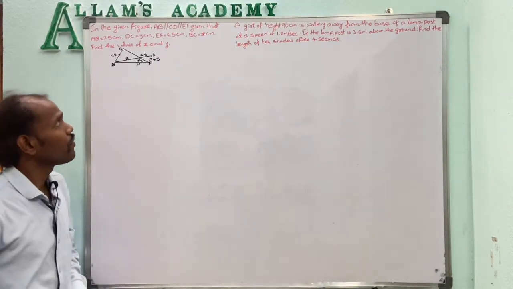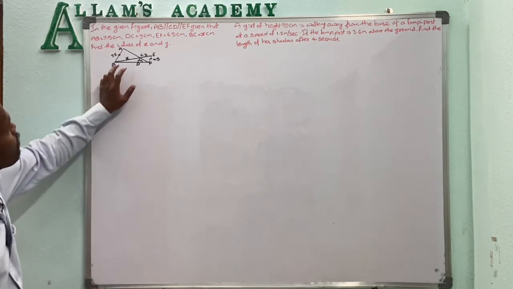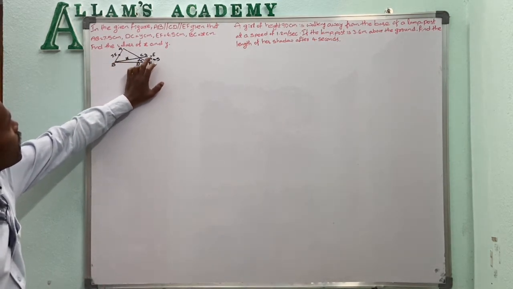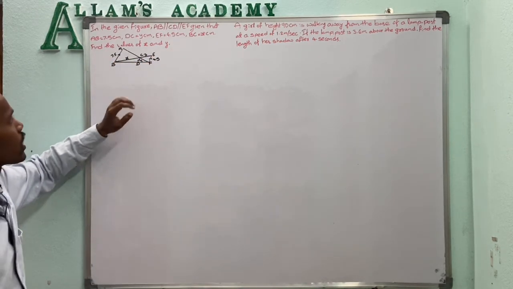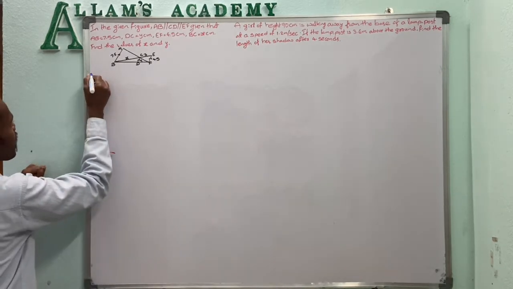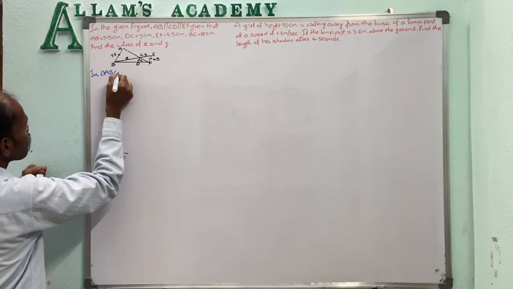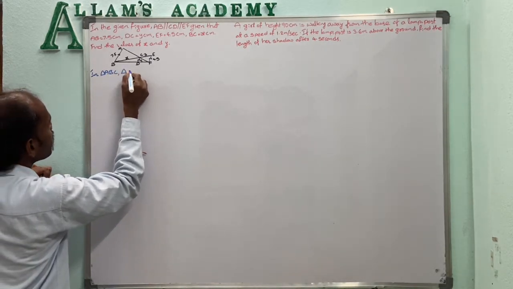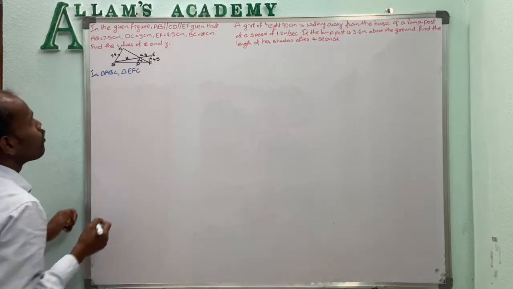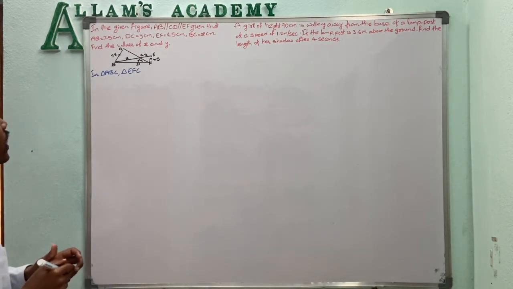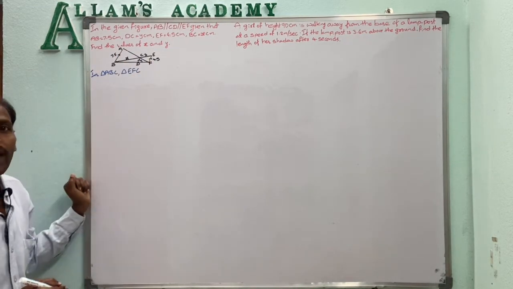For finding the answer, we observe triangles ABC and EFC. In these two triangles, AB and EF are parallel.